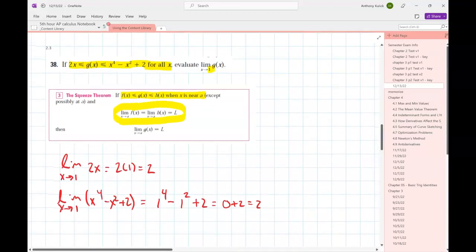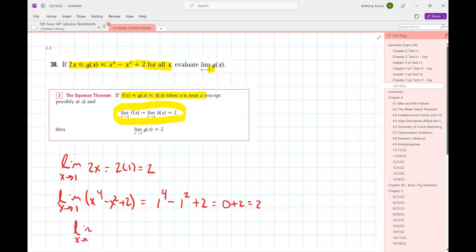So I can say that the limit as x approaches 1 of 2x equals the limit as x approaches 1 of x to the 4th minus x squared plus 2, all equal to 2.